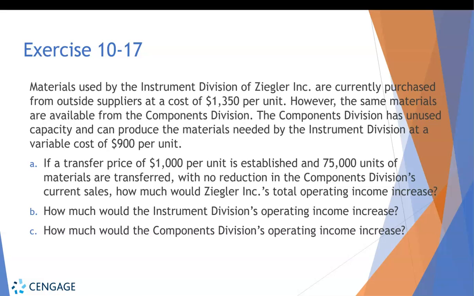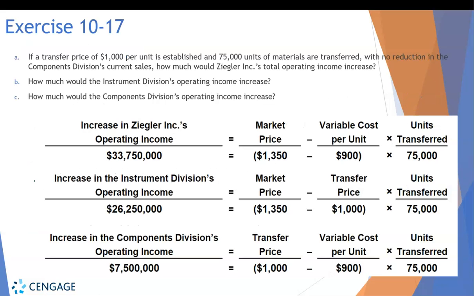If a transfer price of $1,000 per unit is established and 75,000 units of materials are transferred with no reduction in the components division's current sales, how much would Ziegler's total operating income increase? How much would the instrument division's operating income increase? And how much would the components division's operating income increase?